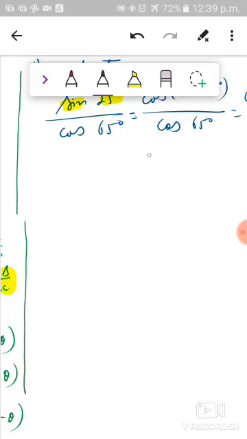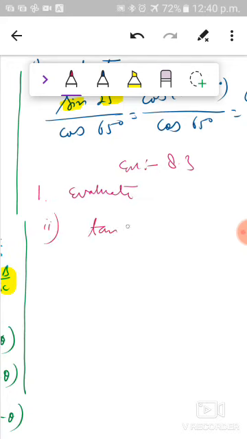Let me take a few questions from exercise 8.3 NCERT. Question number 1, evaluate. Let me take part 2: tan 26 degree by cot 64 degree.